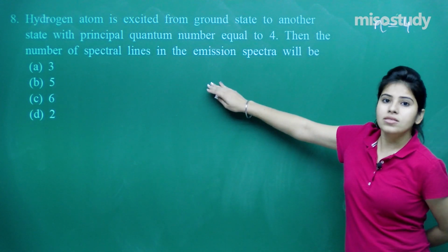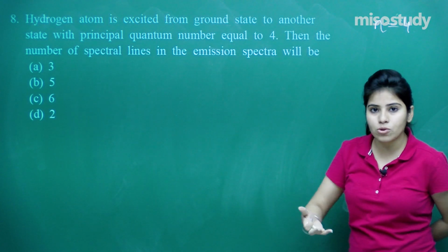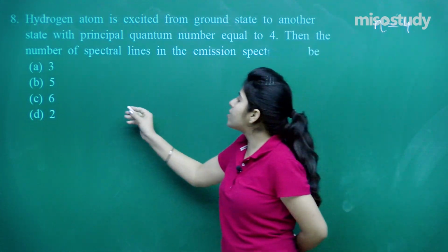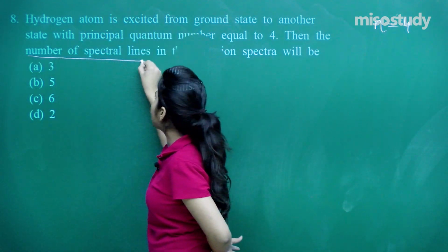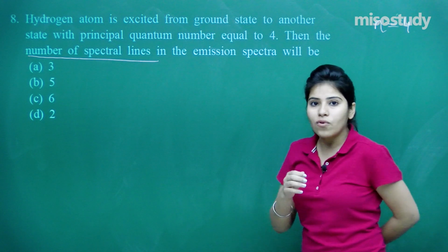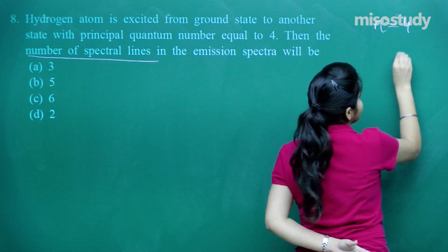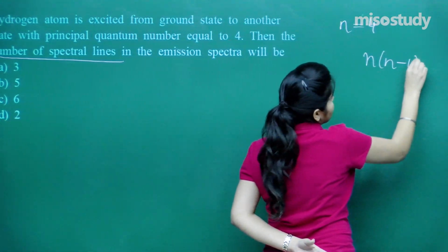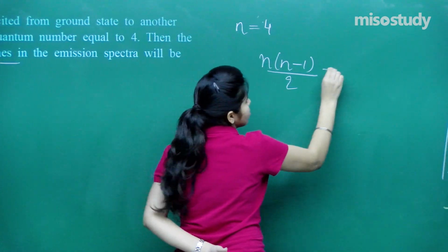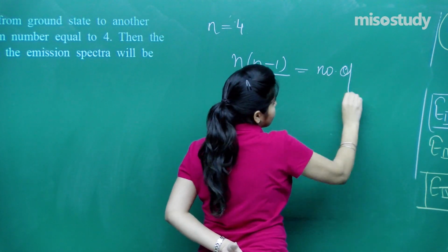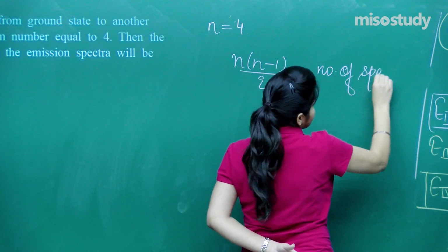For example, this question is just a formula based question. If we have to find out the number of spectral lines, the one formula that we know is n(n minus 1) upon 2. This is equal to the number of spectral lines.